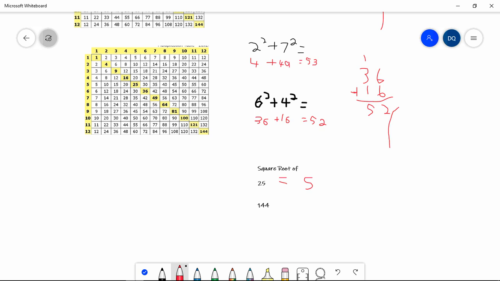So we say the square root. I should not write 25 is equal to 5. The square root, and this is the symbol for it here. The square root of 25 is equal to 5. And the square root of 144 is the number that when multiplied by itself gives you 144. And that answer is 12.